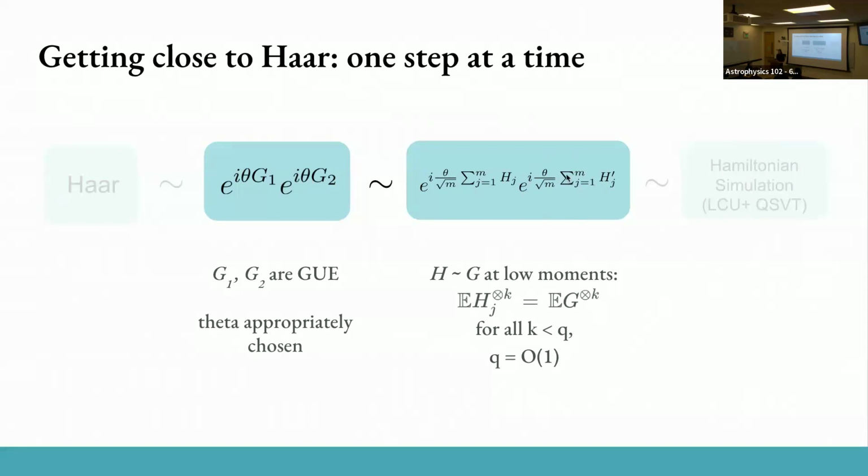If you look at this sum, there's a way to take a bunch of Hamiltonians and block encode or construct a sum of these Hamiltonians. Then, if you have this object, which is the sum, we're able to use their Hamiltonian simulation technique to Hamiltonian simulate it for a theta over root m time, or just theta time.